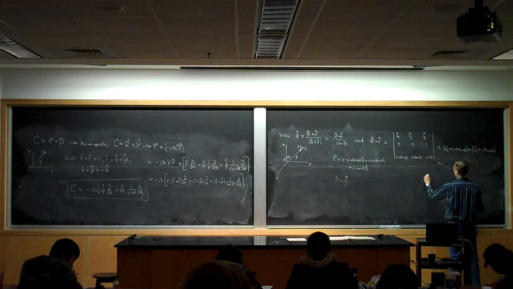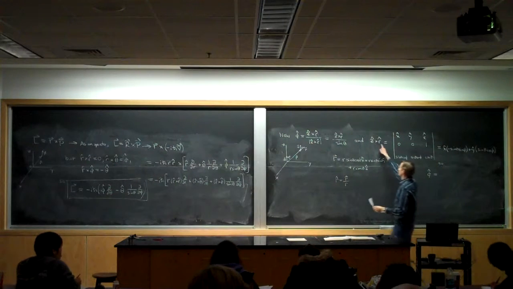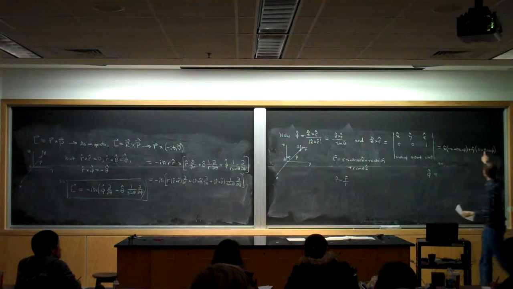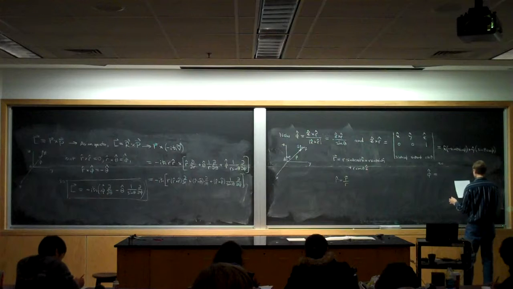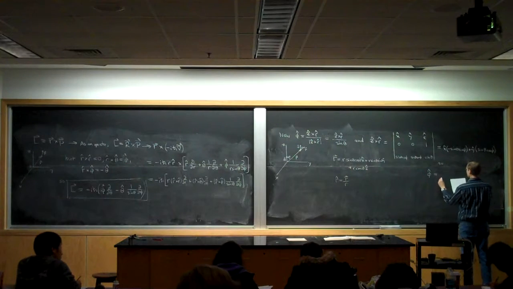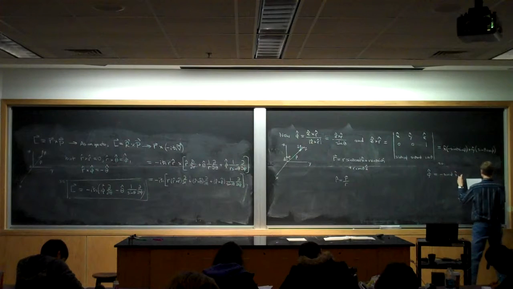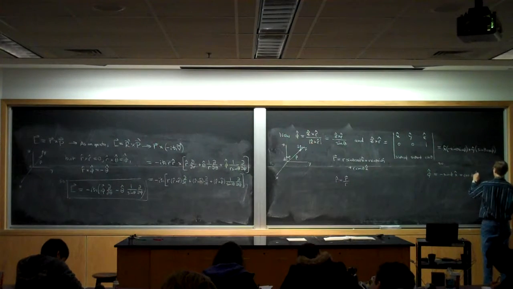So, since phi hat is z hat cross r hat over sine theta, the sine thetas drop away there, and phi hat by itself is simply given by minus sine phi x hat plus cos phi y hat.